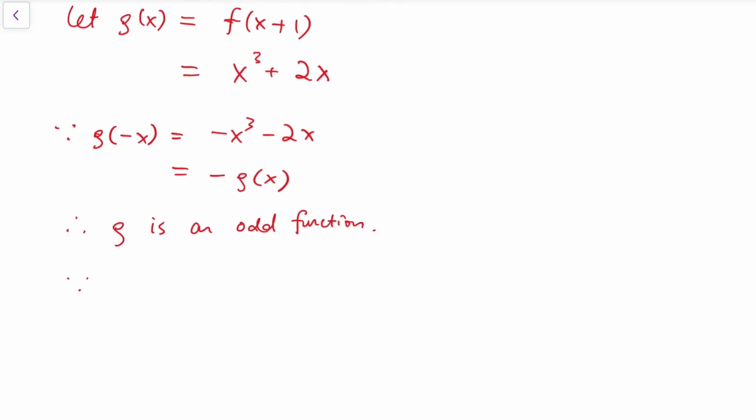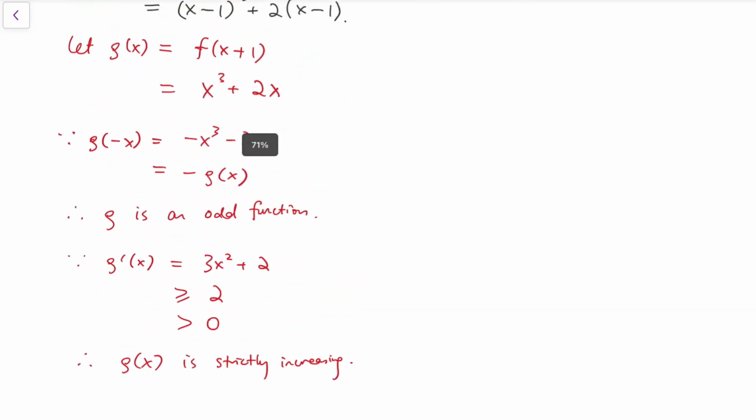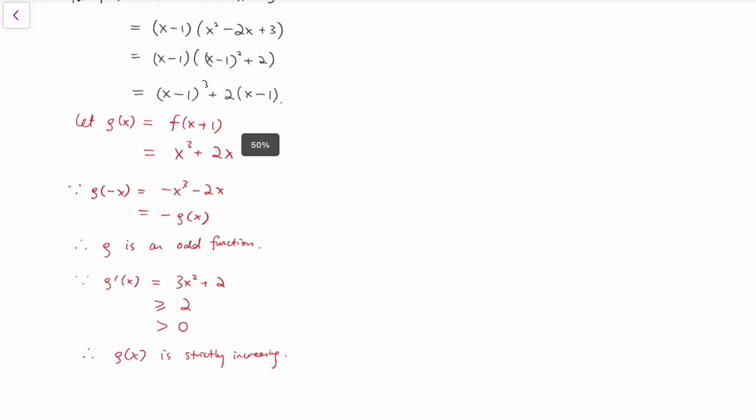Next is that it's strictly increasing. If we take its derivative, we will have 3x squared plus 2, and we know x squared is non-negative, so it's at least 2, which means it's strictly positive. The derivative is strictly positive, and so g of x strictly increases as x increases.